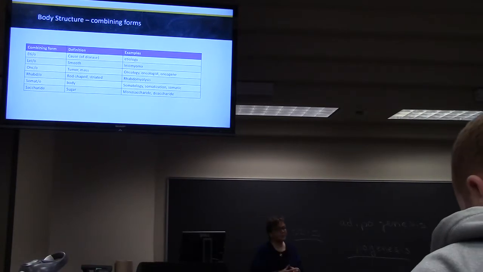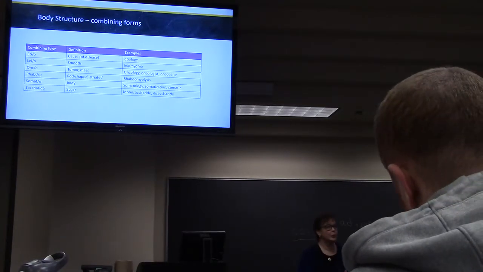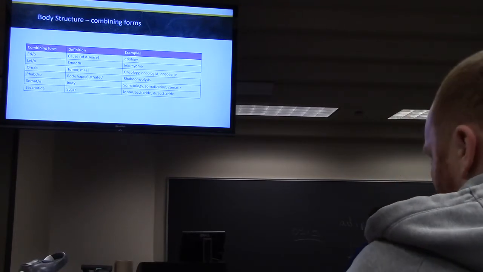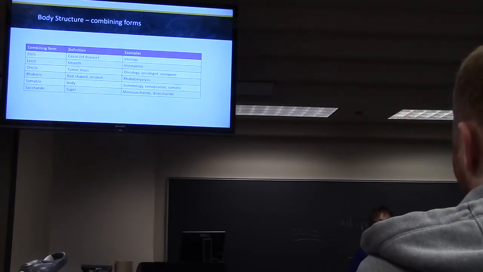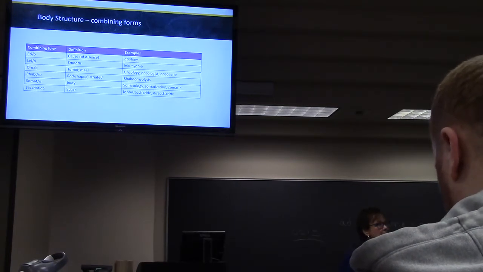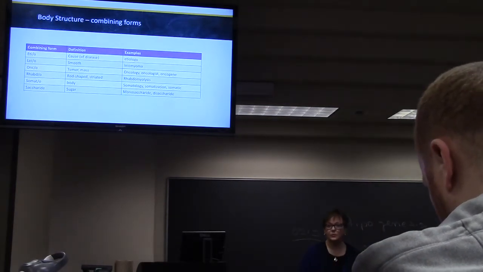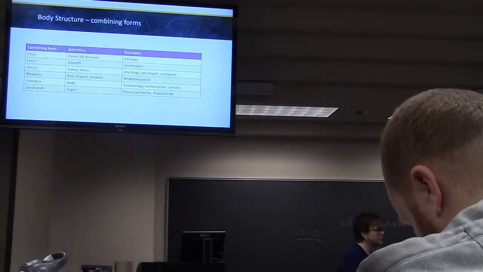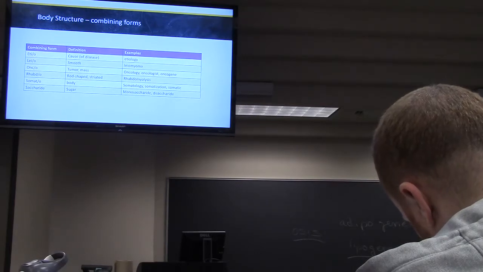Okay, some other structure or word roots, combining forms are listed here. About the only time you see it is etiology, the cause of disease. We use that a lot. It's one of the basic things you will learn about all diseases: what causes it, the etiology.